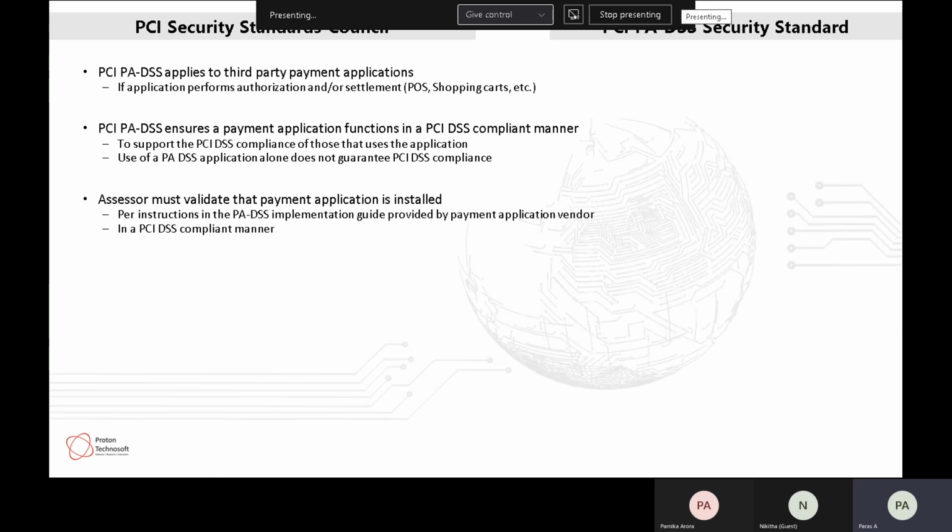Many a time, the organization or the client will say that we have a PADSS certified application, you don't have to look at that. But no, as an auditor, it is your responsibility and accountability to look at that PADSS application as well. I'll give you one example.